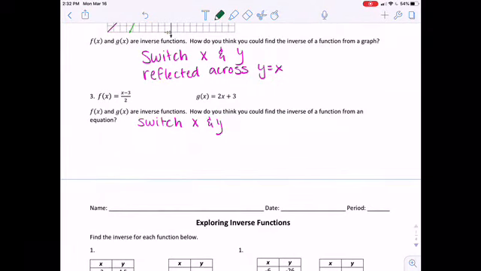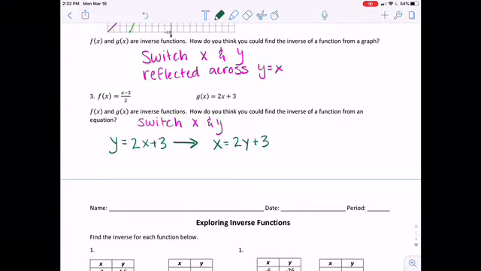If I take my g of x function, I'm going to write it as y equals 2x plus 3. Well, if I switch the x and y in this equation, it will become x equals 2y plus 3. But when we write equations, we like that y to be alone. We don't usually leave the x alone. So to get the y alone, I'm going to go ahead and subtract the 3 over to the other side.